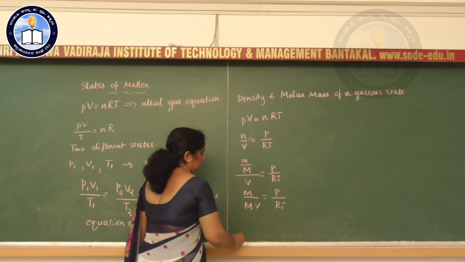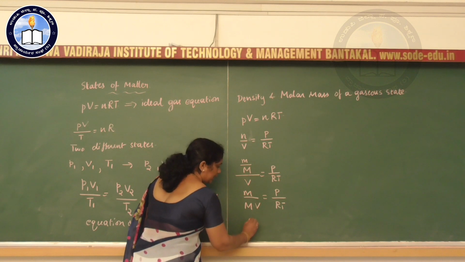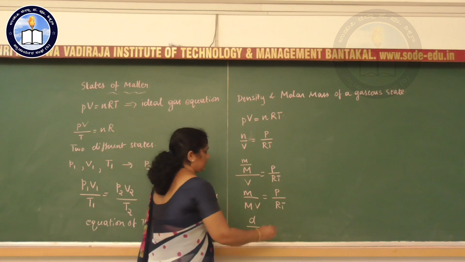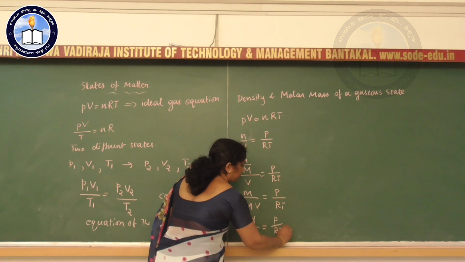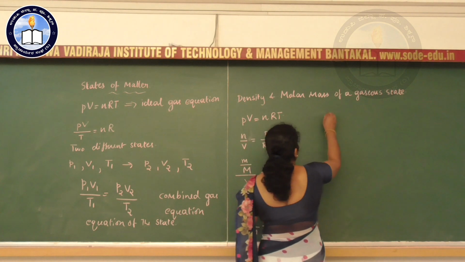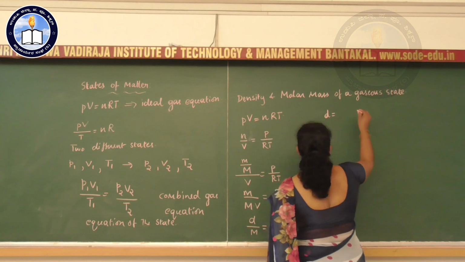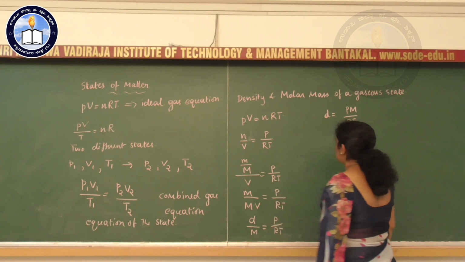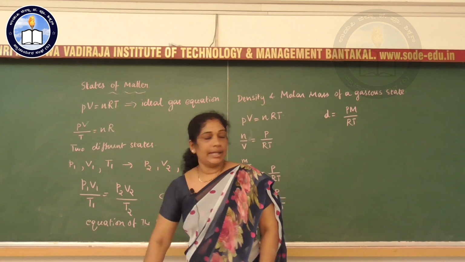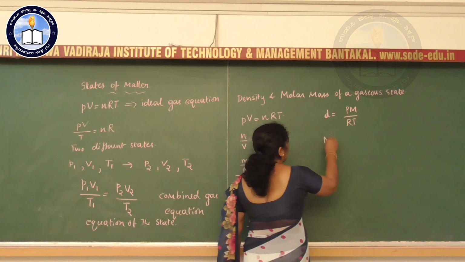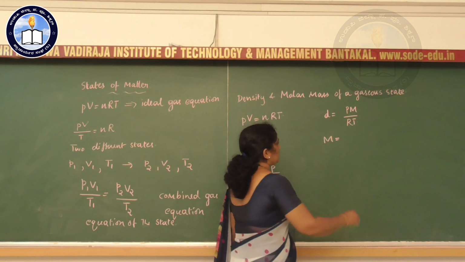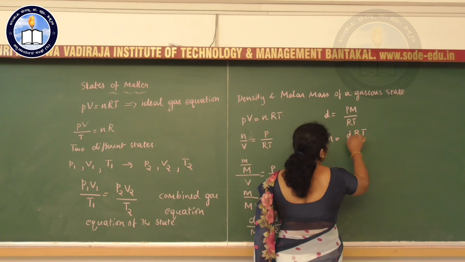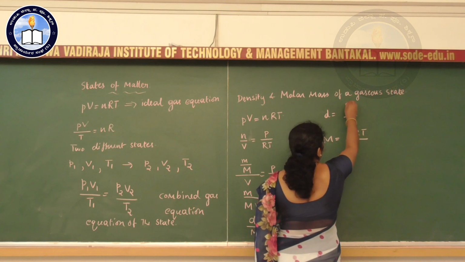M by V is nothing but density. Density by molar mass is equal to P by RT, or density is equal to PM by RT, or we can write molar mass M is equal to density into universal gas constant into temperature divided by pressure.